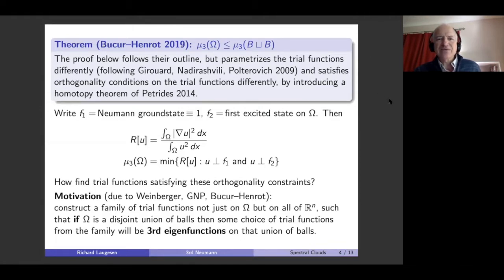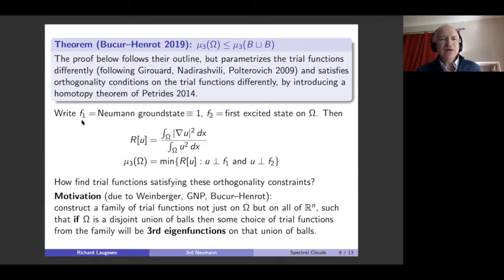And we're going to satisfy the orthogonality conditions. In this game, the whole business is to get orthogonality to the first two eigenfunctions. Once you have that orthogonality, then you can invoke the Weinberger machinery. So the interesting part is getting the orthogonality so that your trial functions are valid trial functions.